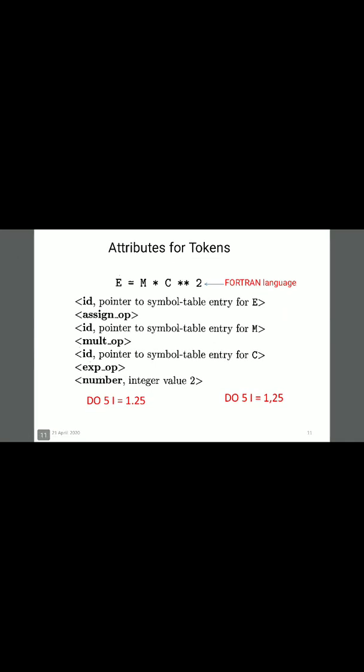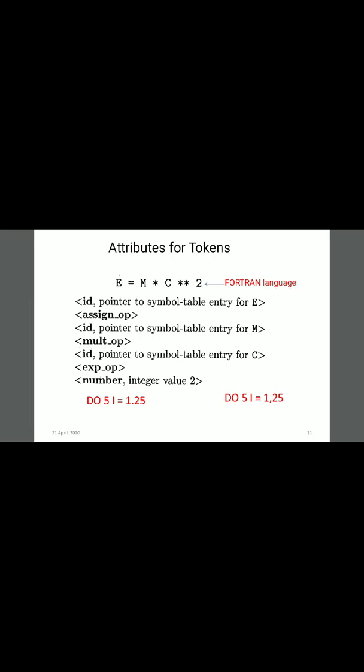If you do it like that, then your Fortran compiler will be able to create tokens like this. In total there are 7 tokens, and all are listed here. Sometimes these attributes are optional, as in the case of the assignment operator, multiplication operator and exponential operator, but it is always better to provide an attribute wherever it is required.